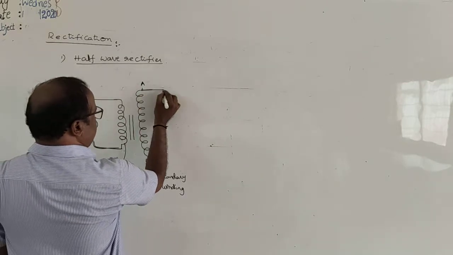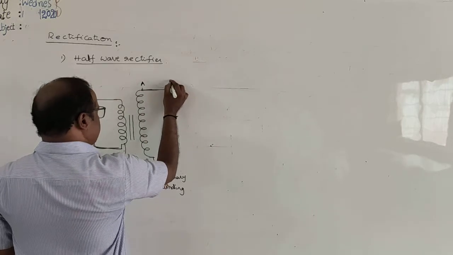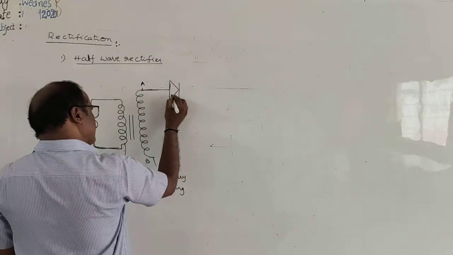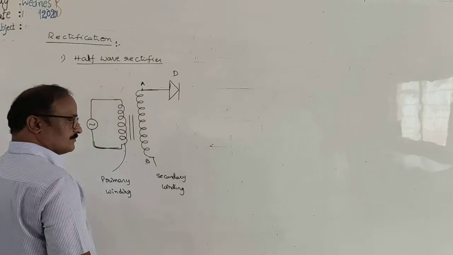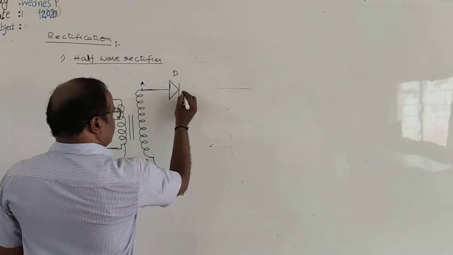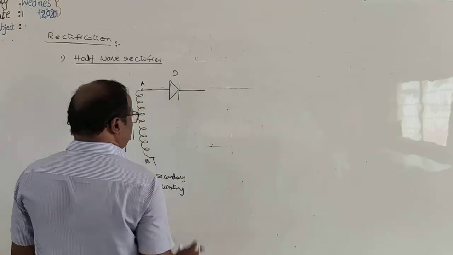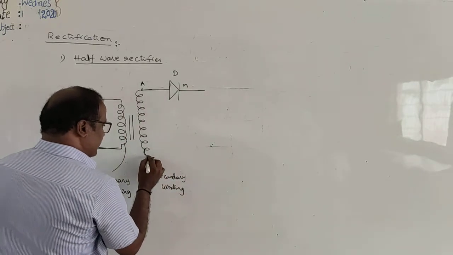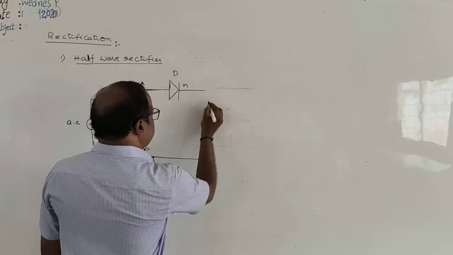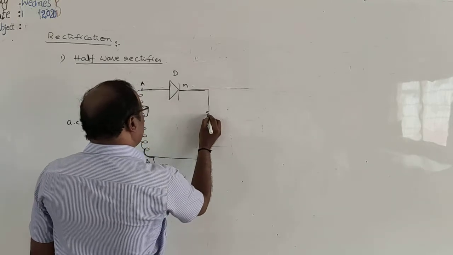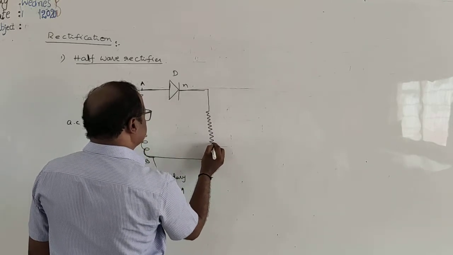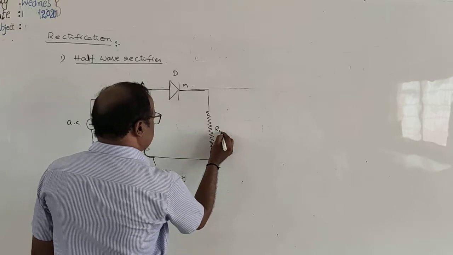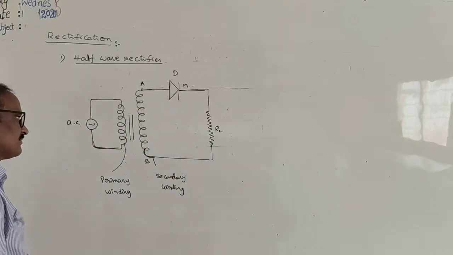From the end A, a PN junction diode is connected. It is a PN junction diode. Also, between the N type of the semiconductor and the second end of the secondary winding, a load resistance R is connected.